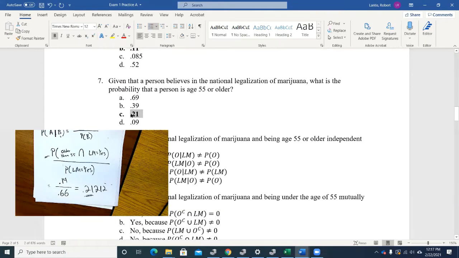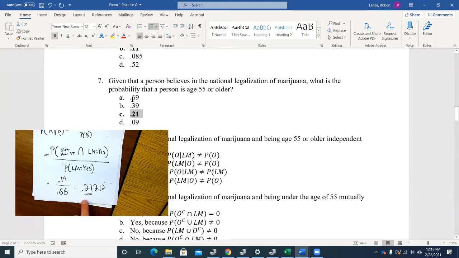Now, I'm never going to give you 0.21 and 0.22 so that if you make a rounding error, you get the wrong answer. I'm never going to be that mean. But however the answers are displayed, that's what you should round your answer to. Any questions on that one? We're okay with that? There's nothing in the chat here.